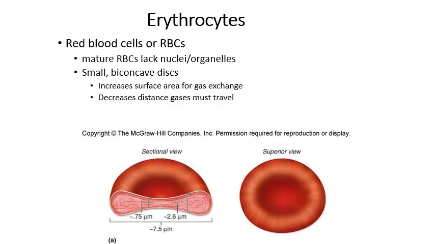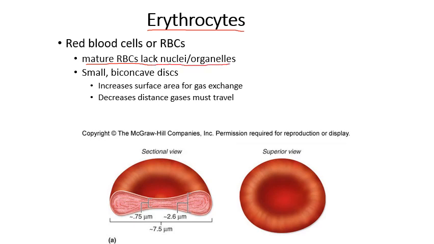So of the formed elements, let's first look at erythrocytes. You might have learned about erythropoiesis, that's the formation of the erythrocytes. They start out as nucleated, but as they go along, when they get to be mature red blood cells, they lack nuclei and organelles.